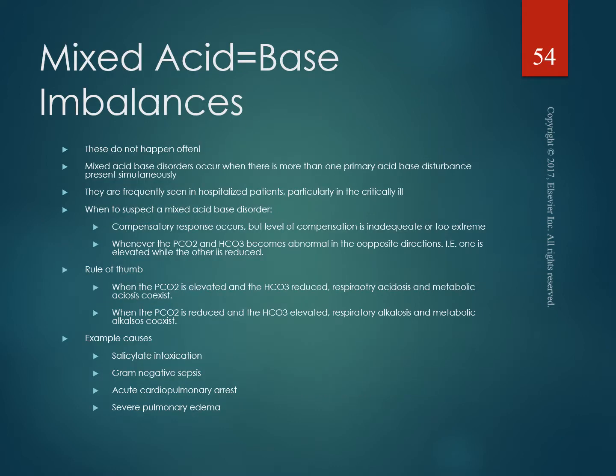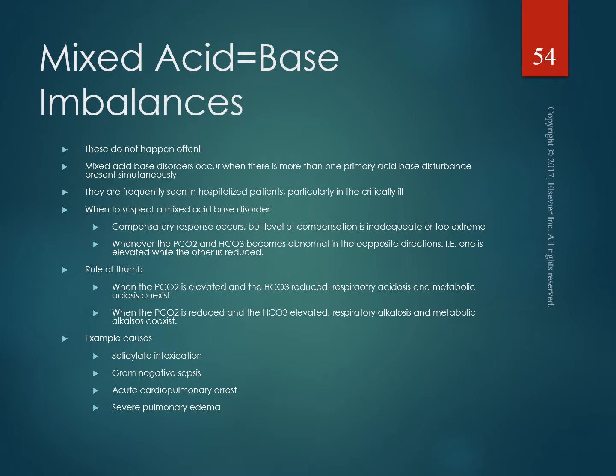You can have mixed acid-base imbalances, and these do not happen often. Mixed acid-base disorders occur when there has been more than one primary acid-base disturbance present simultaneously. They are frequently seen in hospitalized patients, particularly in the critically ill.